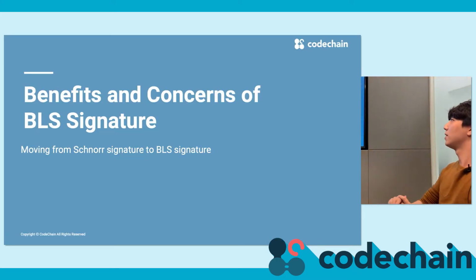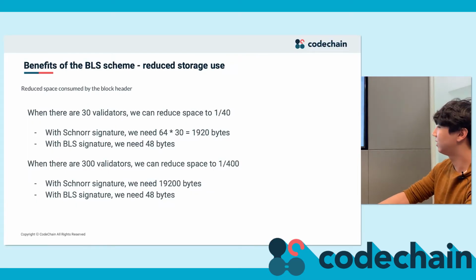So I'm going to talk about some benefits and concerns of BLS signature. I'll compare BLS signature with the Schnorr signature that we previously used. The main advantage of BLS signature is reduced storage use of the block header.